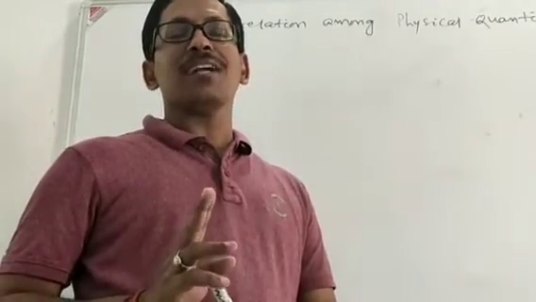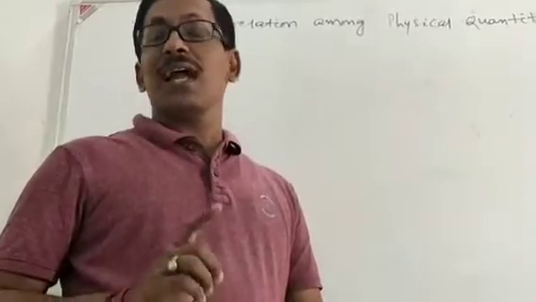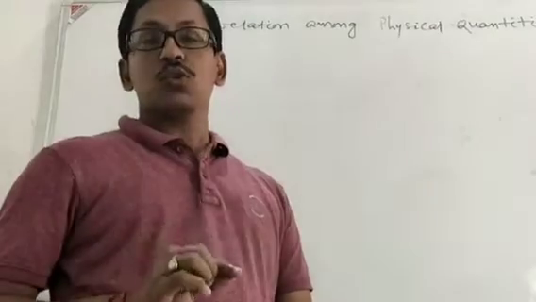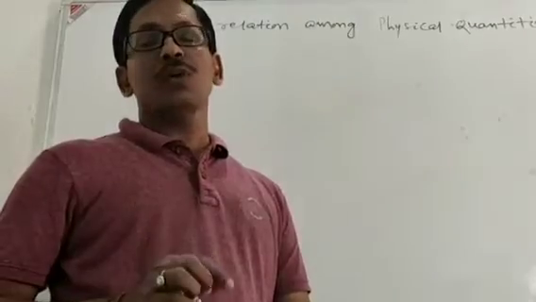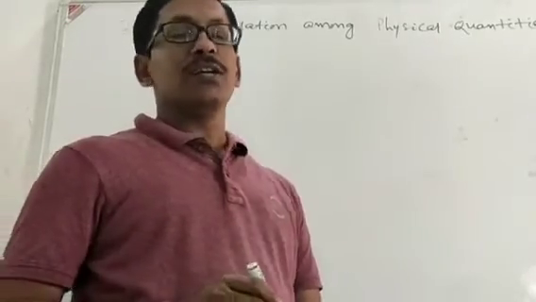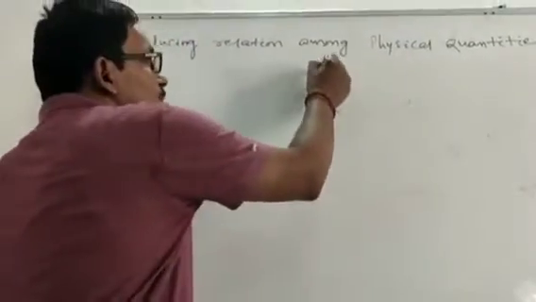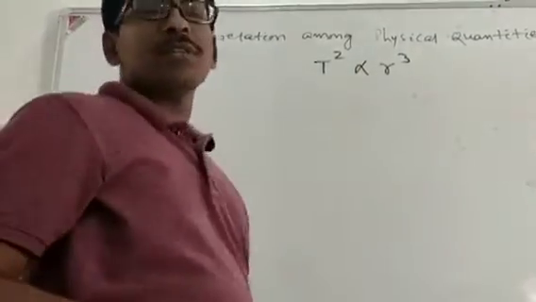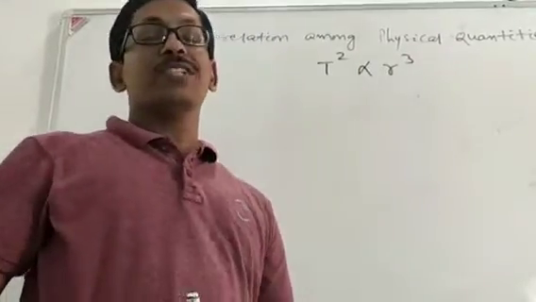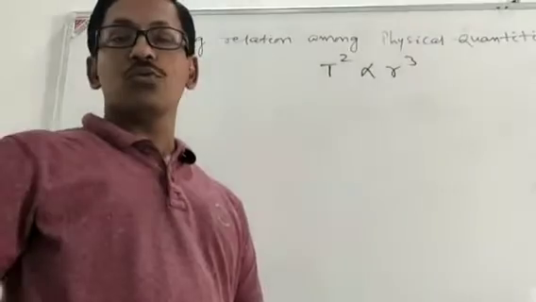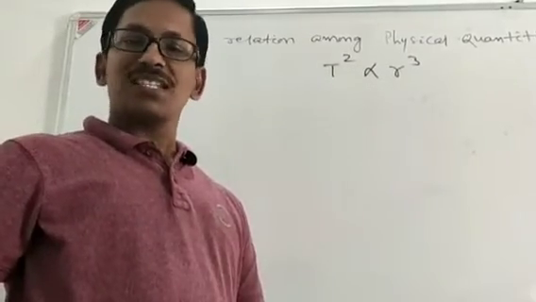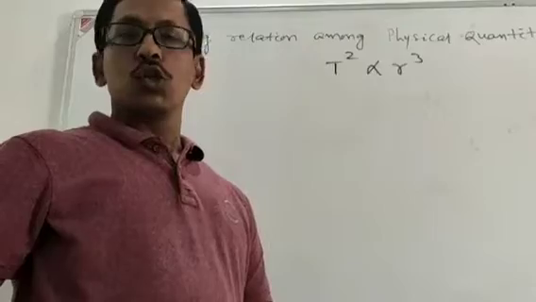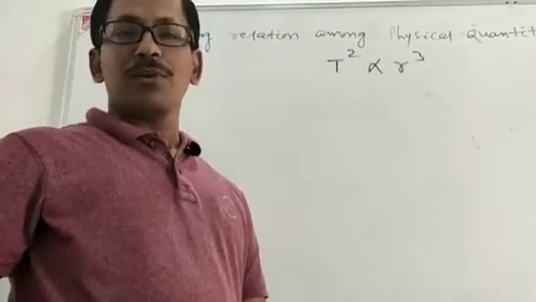On these three factors it depends, and it is given that T square, the square of the time period, is proportional to the cube of the radius of its circular path.